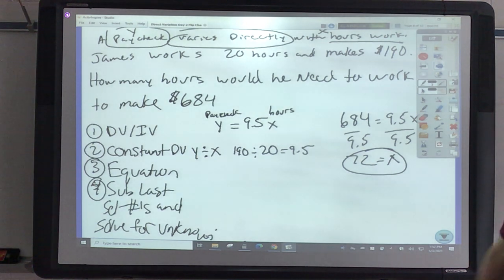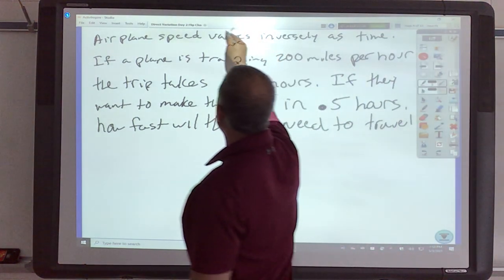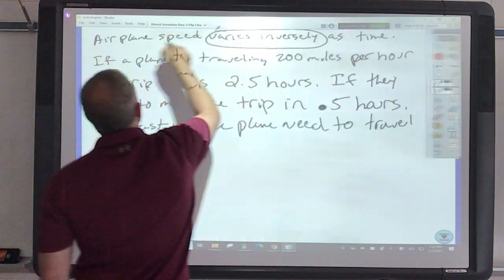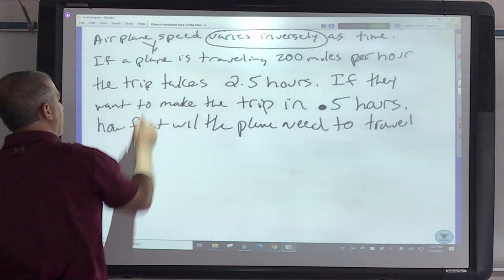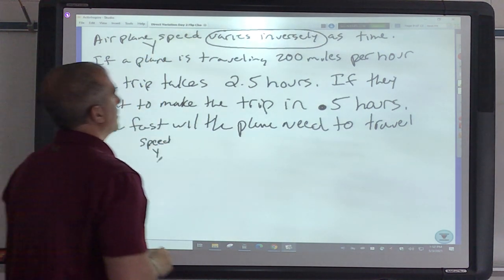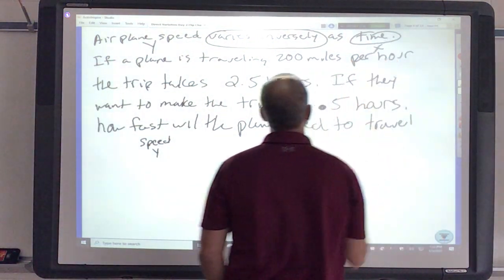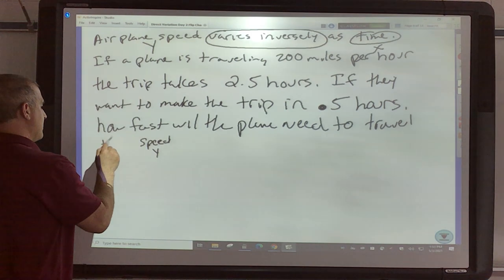So let's do another one together, all right? It says an airplane's speed varies inversely. Okay, it varies inversely. So speed is y. So I'm going to write that down. Speed is y, as time. So time would be x. Okay, so time is x.